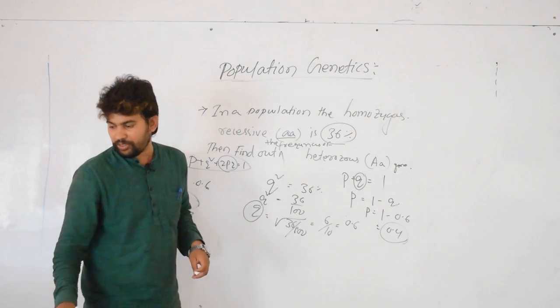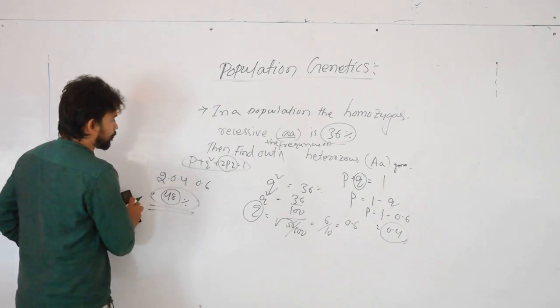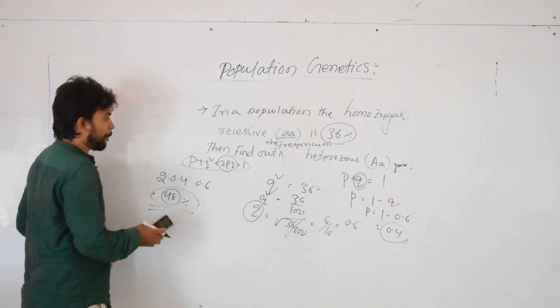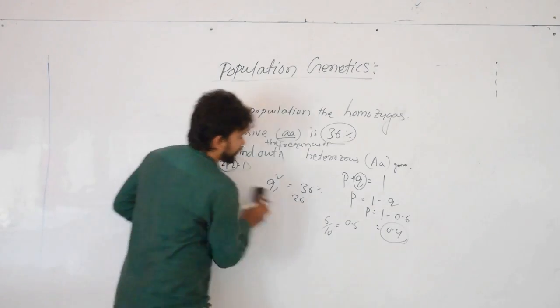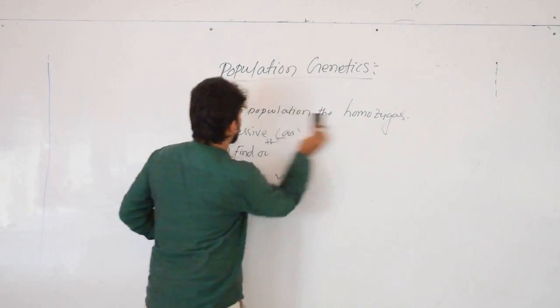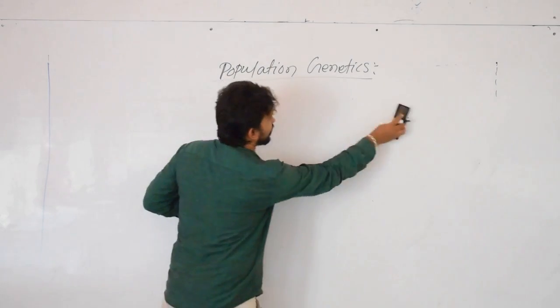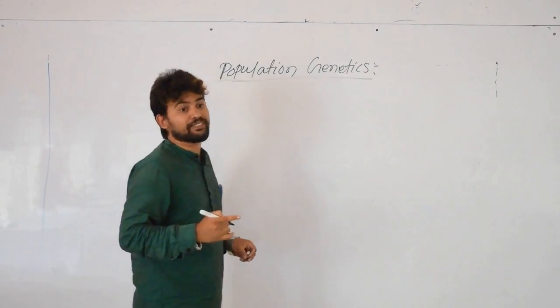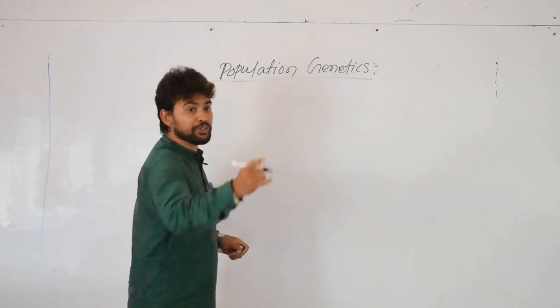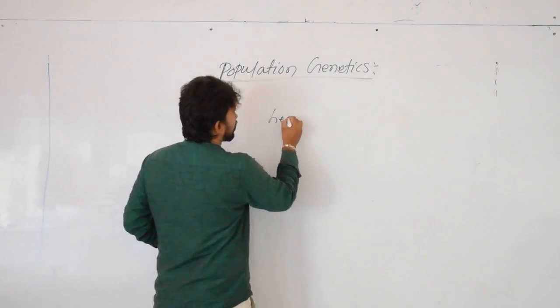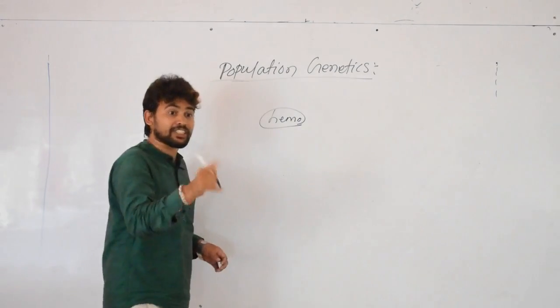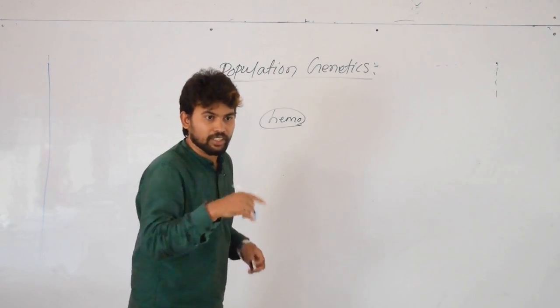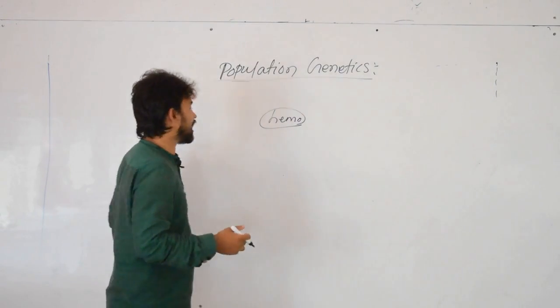Let's take another question. Once we solve it for an African population, where 9% of people are affected with hemophilia. You clearly know hemophilia is a disease which is mostly caused by recessive genes. Which gene is affected? The recessive gene is highly affected.